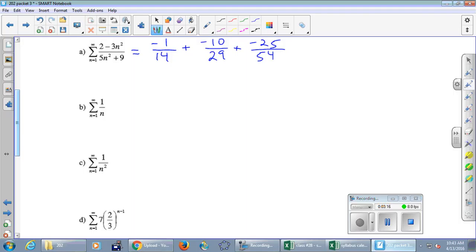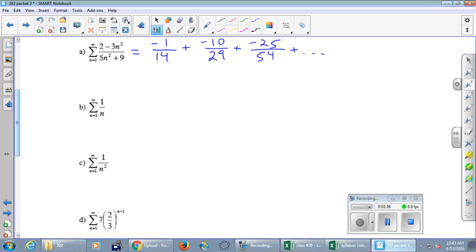I'm just highlighting the fact that the series means add them. Yeah, but you're right. The directions up above, which we didn't read, say list the terms. I did not do that. I'm adding them up. Okay, and then it goes forever. And I don't see any pattern in here. I don't know what's going on with that series.